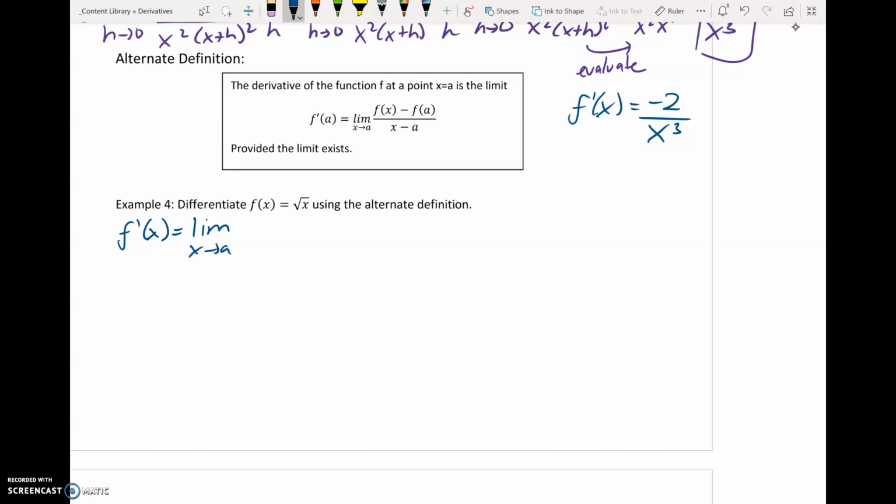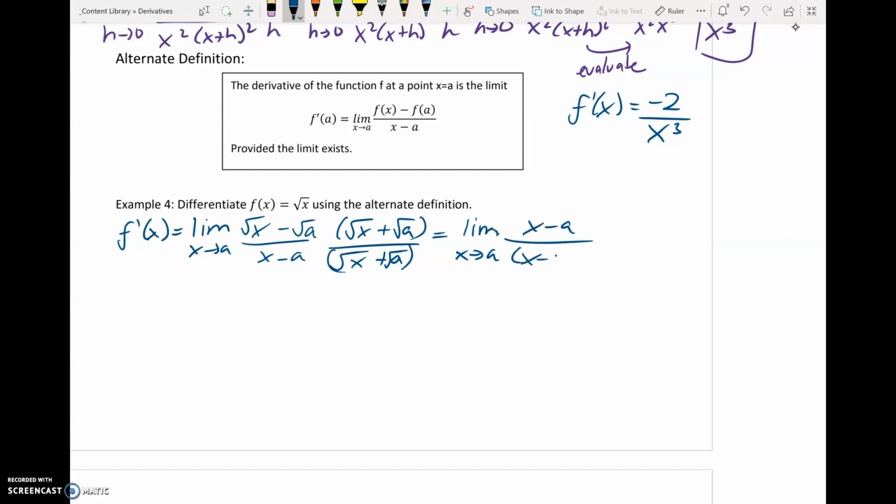So that means we have f of x, that's just root x. f of a would be root a, all over x minus a. And then we're going to multiply it by its conjugate. Then we'll multiply the numerator. We'll leave the denominator alone.